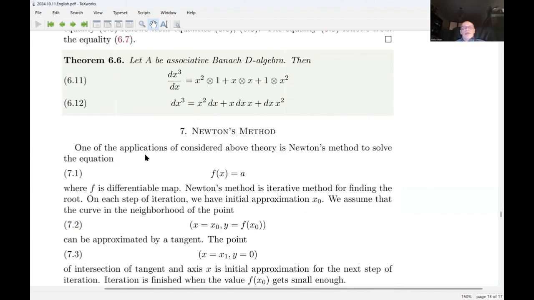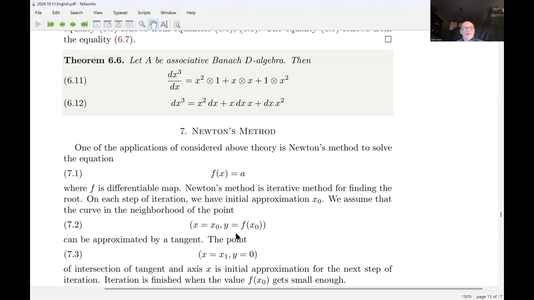One of the applications of the theory considered above is Newton's method to solve the equation 7.1, where f is a differentiable map. Newton's method is an iterative method for finding a root. On each step of iteration, we have an initial approximation x0.